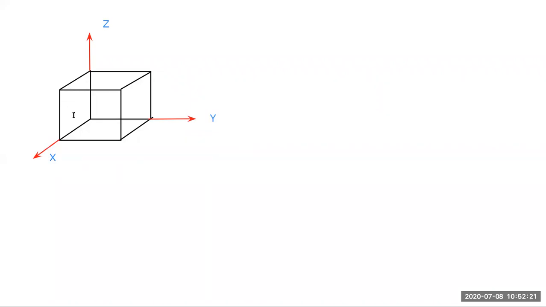In a cubic structure, a is equal to b is equal to c, and alpha, beta, gamma is equal to 90 degrees. That structure is called a cubic structure. In this cubic structure, you have to draw the different planes. So we take the origin also. This point is the origin.